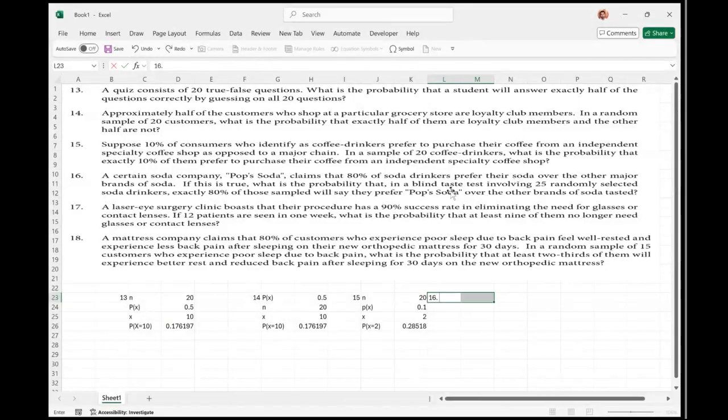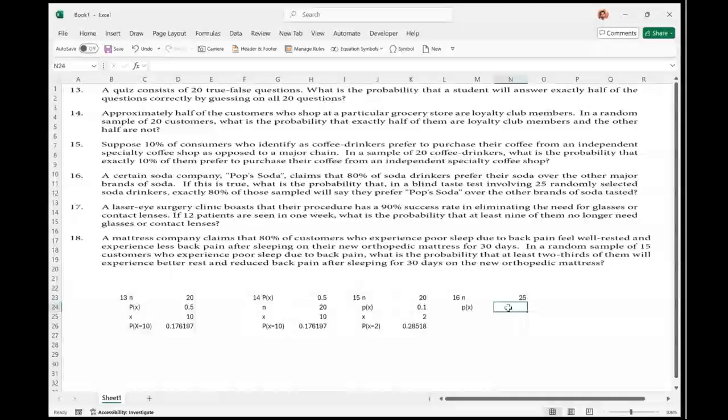So we are given that 80% of the soda drinkers prefer the soda over the major brands. They prefer their own. What is the probability that in a blind test involving 25, so the n value given to me is 25, and the probability given to me is 80% of 25.